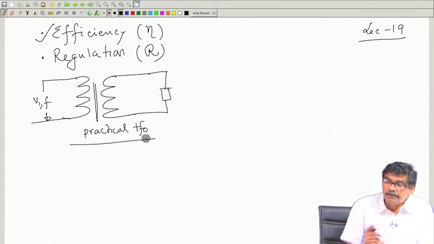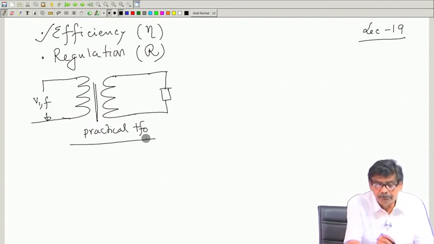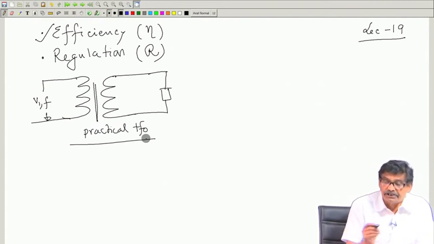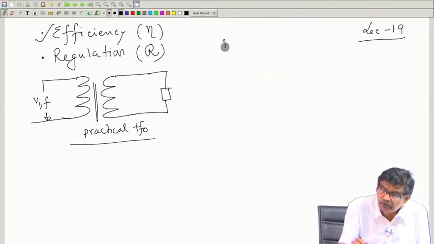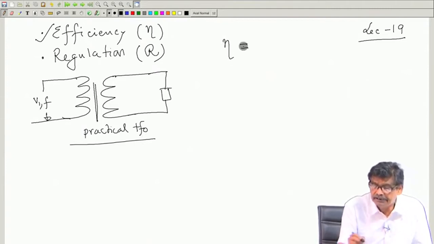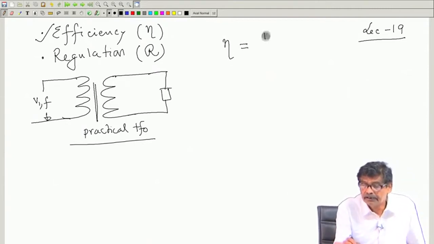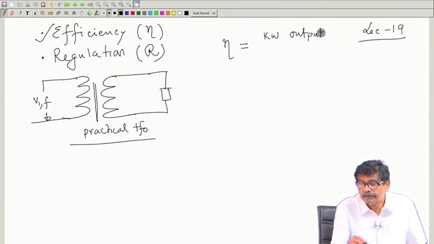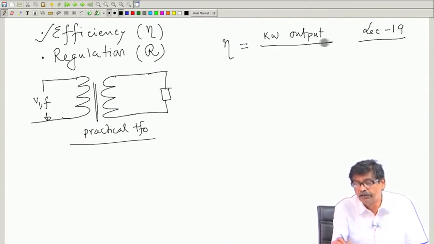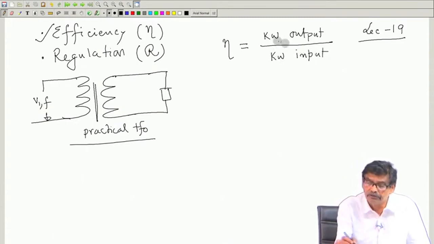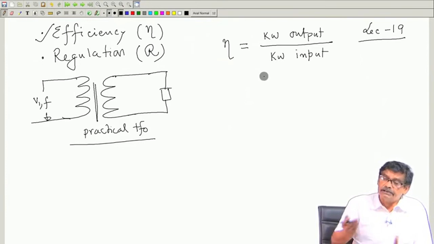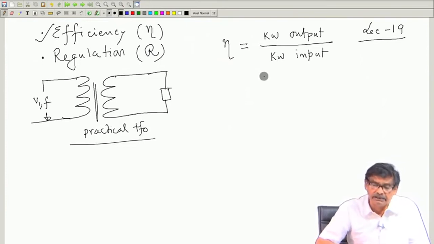Before I tell you about the efficiency, as you know, it will be the kilowatt or watt output divided by kilowatt input or watt input. In whichever unit you do, you always express in the same unit. This is the efficiency of a transformer.